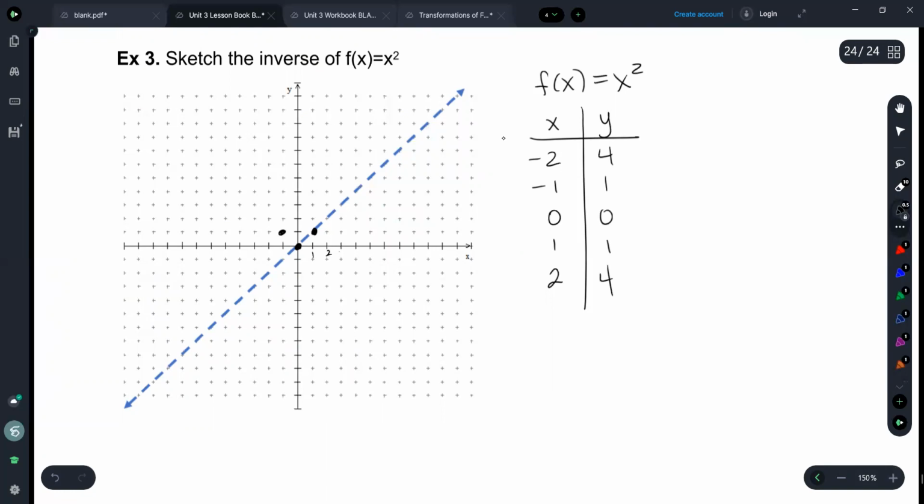Maybe we'll also just scale this quickly. Okay, so there's the parent function.